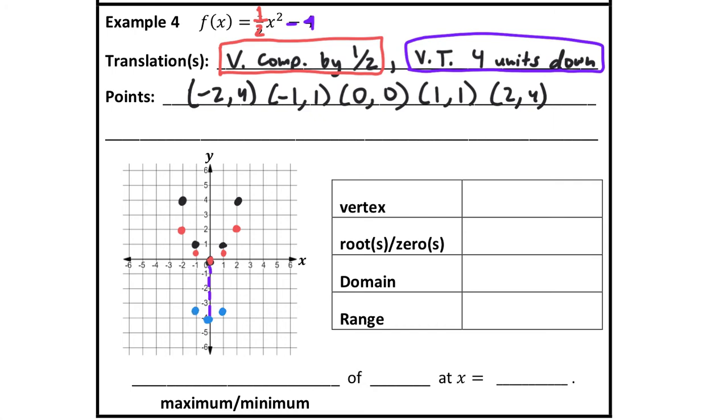Half over here and half over here. Then instead of taking 2 steps to the right and 4 up, I'm going to take 2 steps to the right and half of 4 up. What's half of 4? It's 2. Okay.